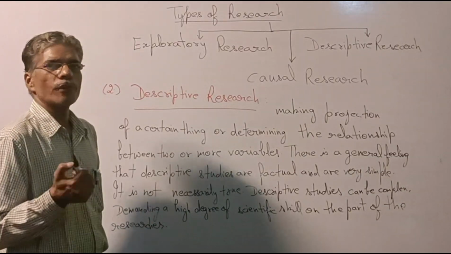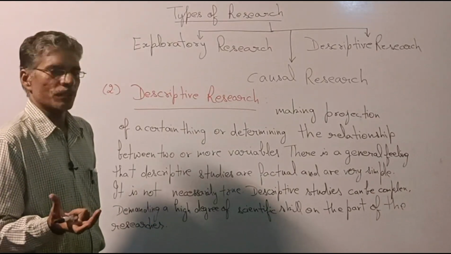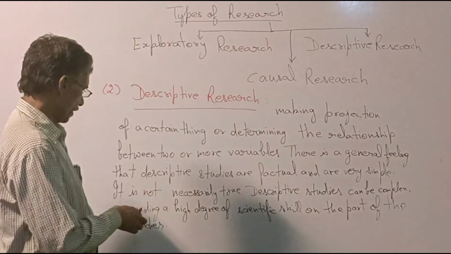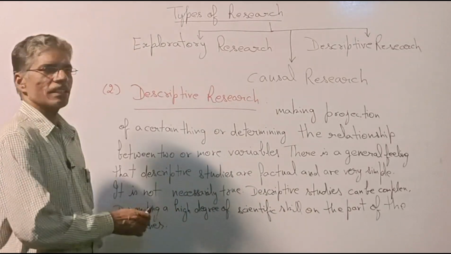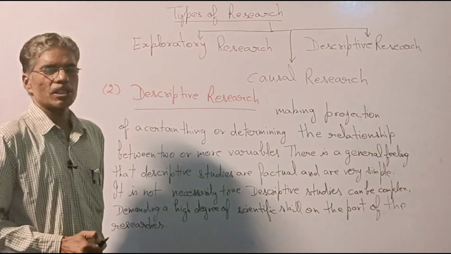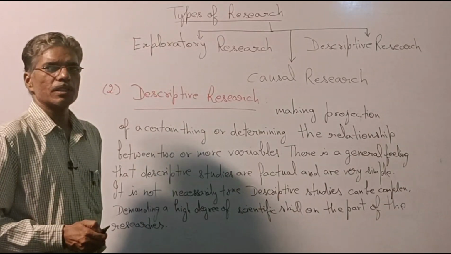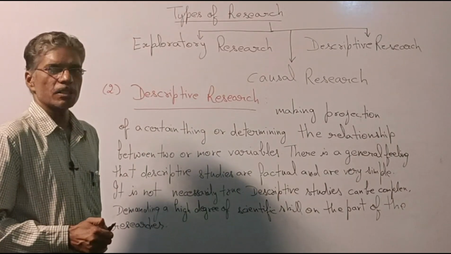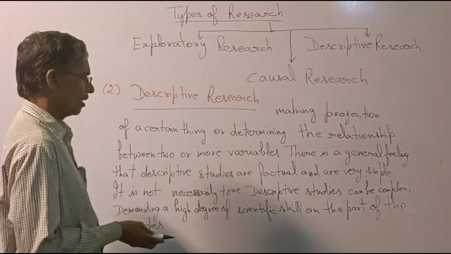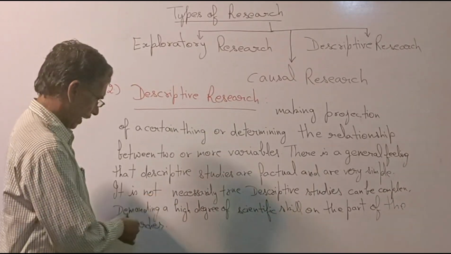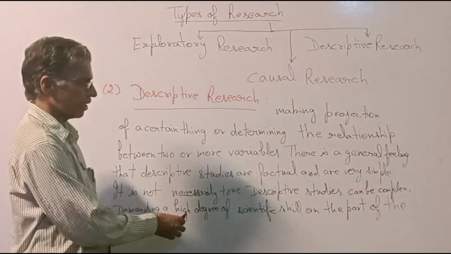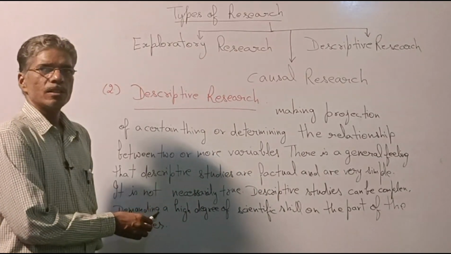These are based on some facts and figures and are very simple. It is not necessarily true. Descriptive studies may be difficult also sometimes. Descriptive studies can be complex, demanding a high degree of scientific skill.